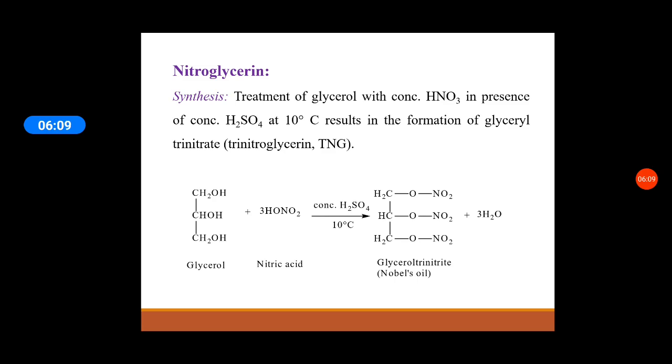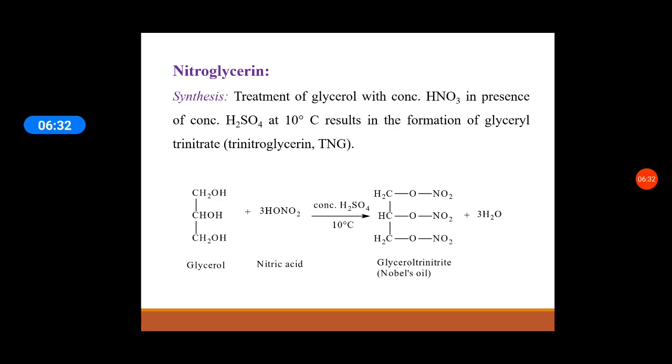It is prepared by the treatment of glycerol with a mixture of concentrated HNO3 and concentrated H2SO4. This mixture is called the nitrating mixture, which is in 3:1 proportion.